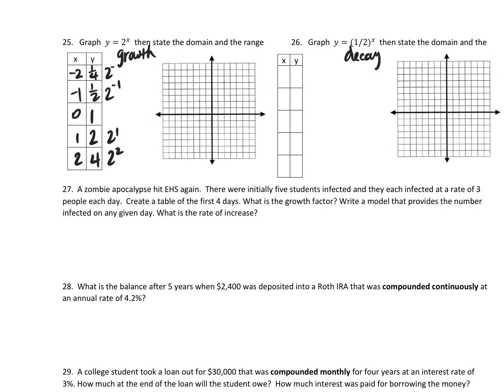And 2 to the negative 2 is 1/4. Remember, this one has an asymptote of y equals 0. That's the equation of the asymptote. Y equals 0.